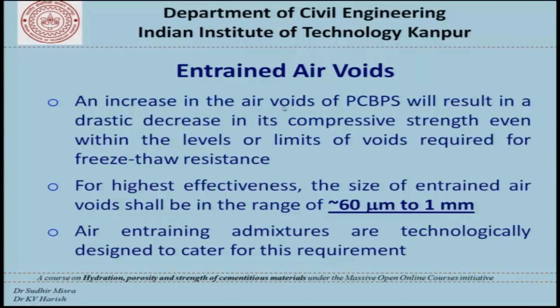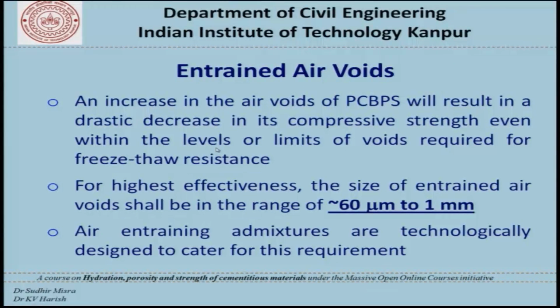An increase in the air voids of Portland cement based paste system will result in a drastic decrease in strength. This is very important, and this is one of the reasons entrained air voids are used only under freezing and thawing environments. In all other cases it is not used, primarily because you have a drastic decrease in compressive strength.